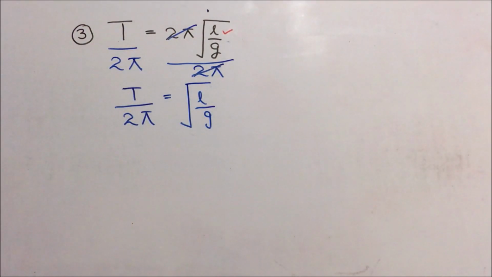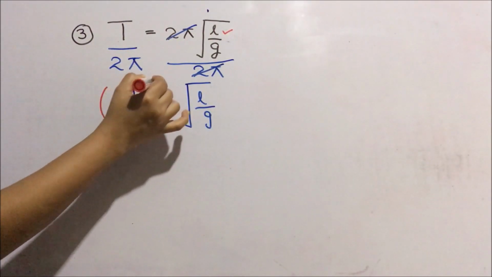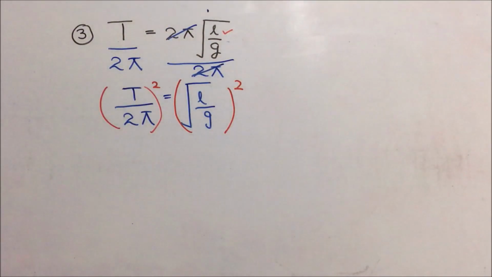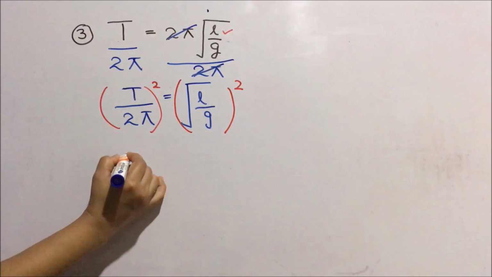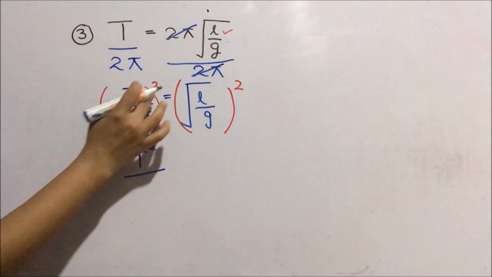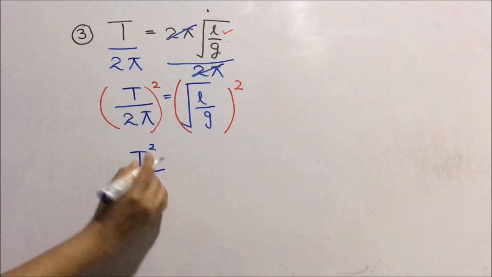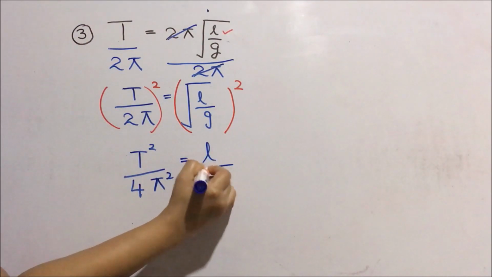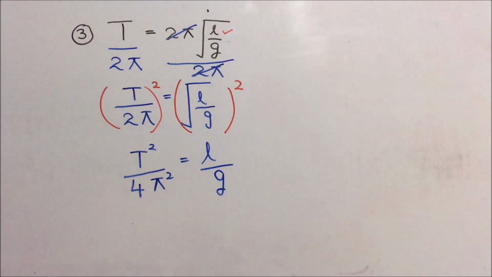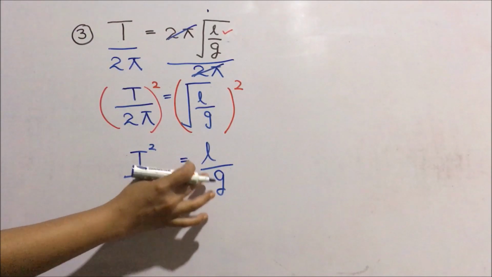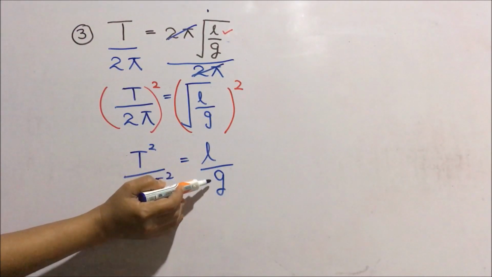To get rid of this square root, we are going to square both sides. Then T squared divided by 4π squared equals L divided by G. To remove this G, the mathematical operation between L and G is division.